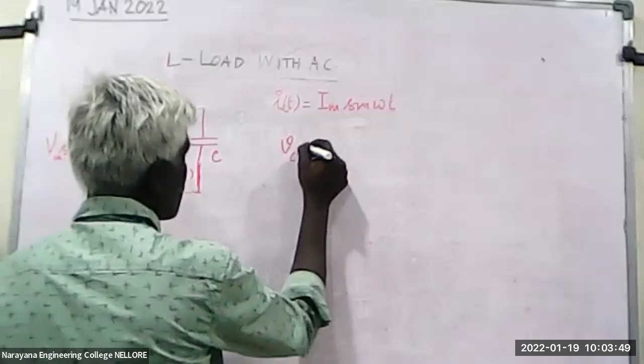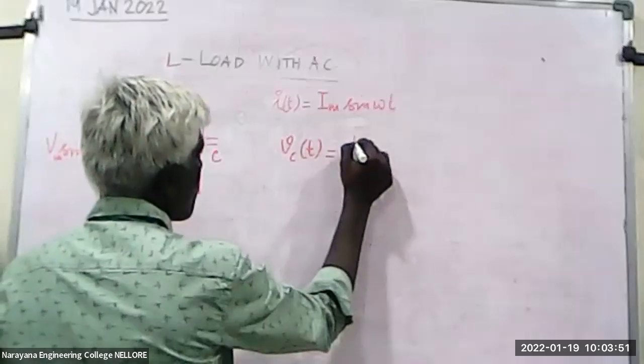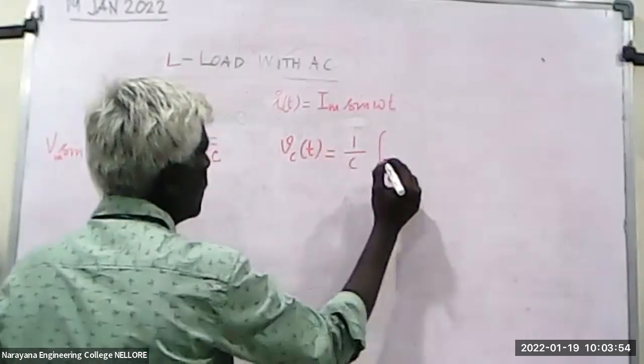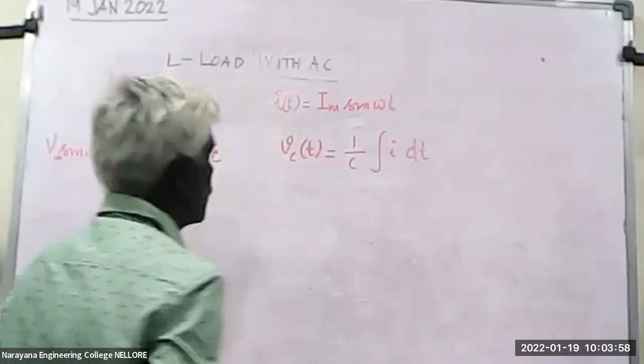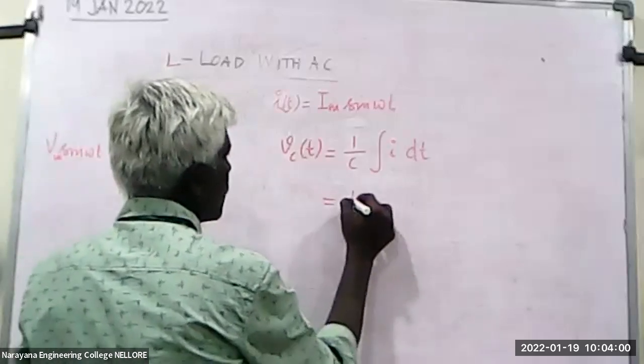What is the voltage across the capacitance? 1 by C integral of i dt, correct.